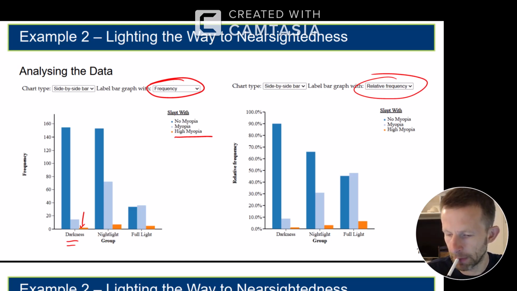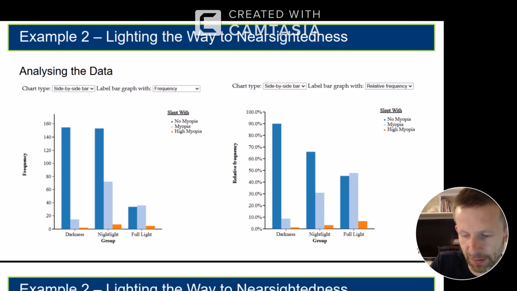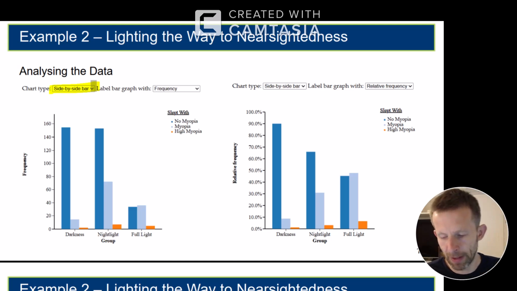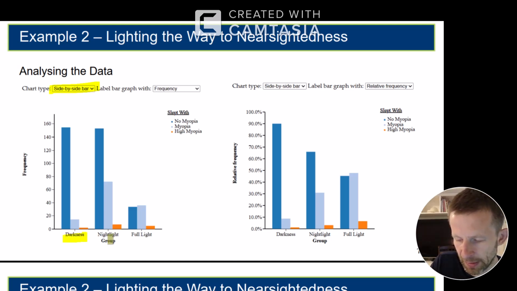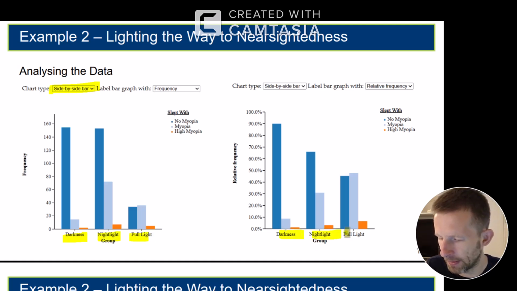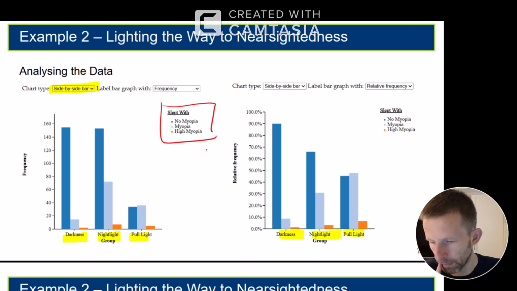Let's analyze the data by making a side-by-side bar graph. Again, this is on Statlet. We can put the data in, and we're looking at what effect sleeping in darkness, with a nightlight, or full light has on either no myopia, myopia, or high myopia. This is not slept with, but developed.